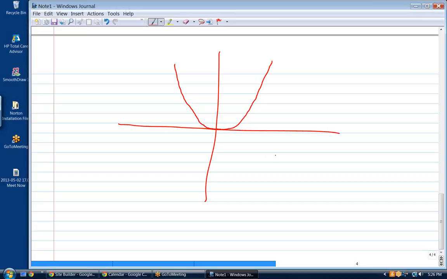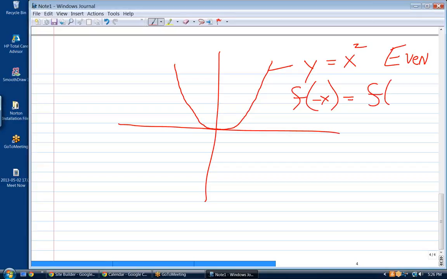I kind of use this as my standard because this has an even exponent. This is an even function. Now, the official definition of an even function is f of minus x must equal f of x. Notice that if I plug in minus x here, I get the same function.